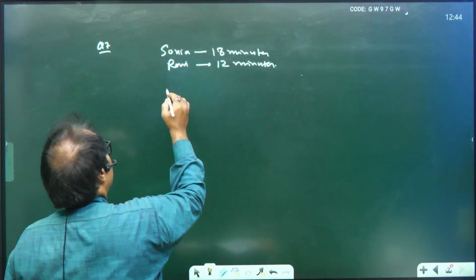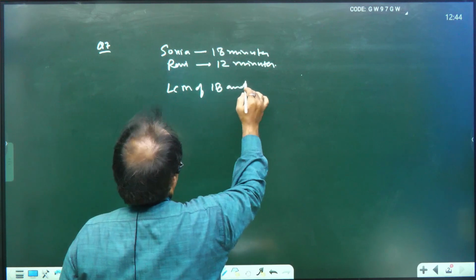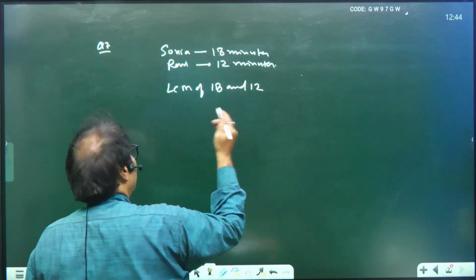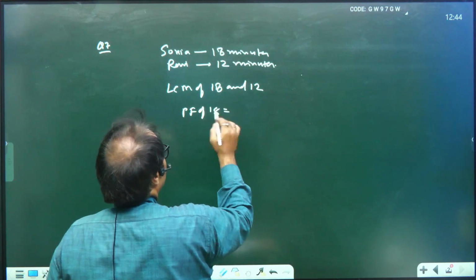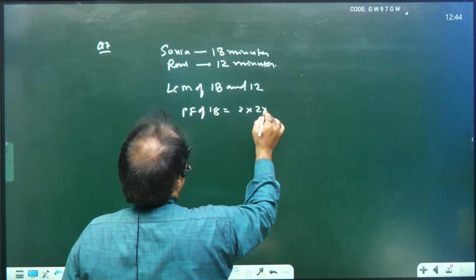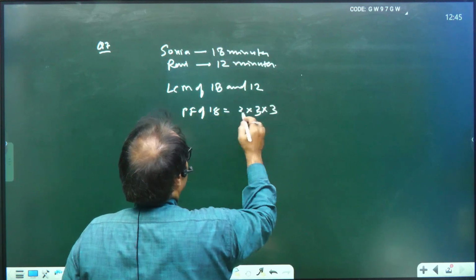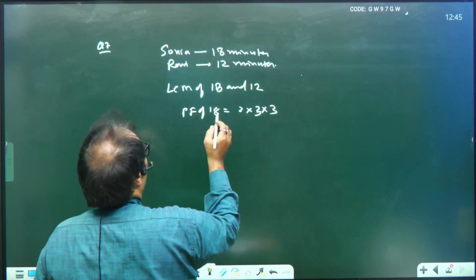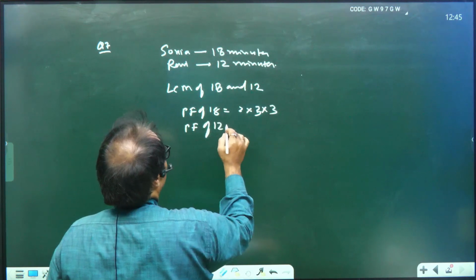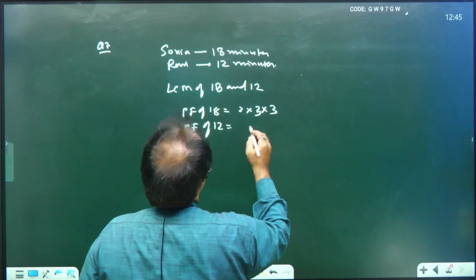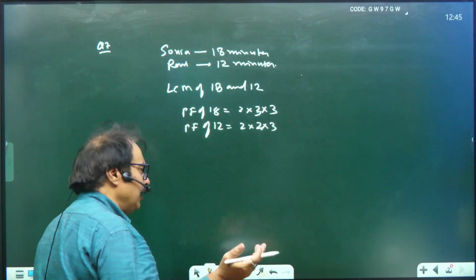So we will find the LCM of 18 and 12 by prime factorization, of course. The prime factors of 18 are 2 into 3 into 3, that is 2 times 9, 18. The prime factors of 12 are 2 into 2 into 3. You can also find it by the long division method.